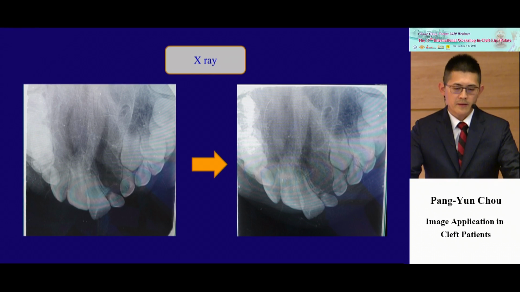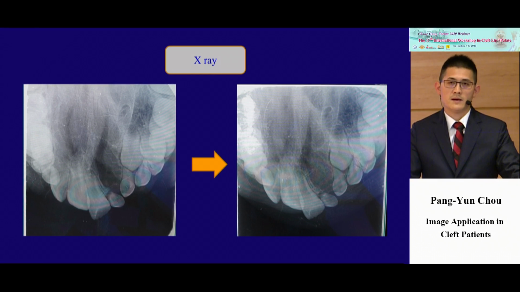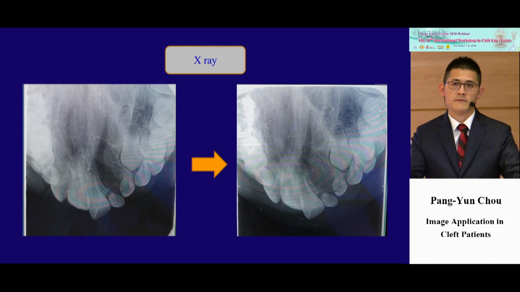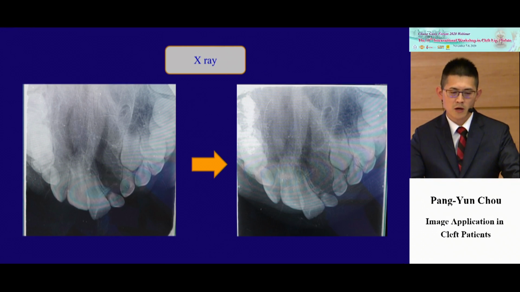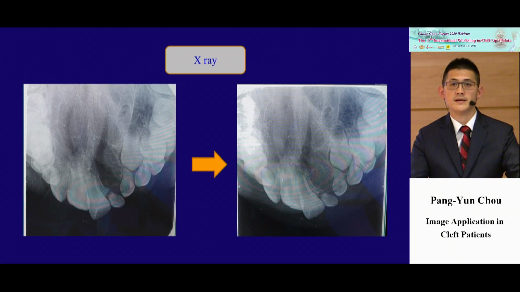Okay, so the first one is the X-ray. As I already mentioned, the X-ray can serve as a good guideline or reference for the surgeon to know whether the bone grafting surgery is successful or not, because we can determine the bony volumes in the cleft side. This is pre-op, this is post-op.